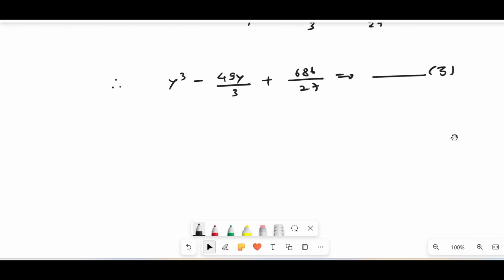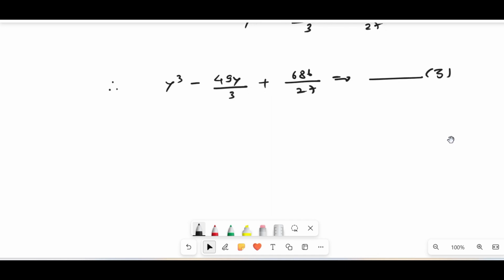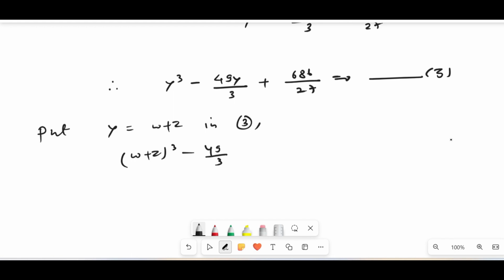So now this equation is in the standard form of a cubic equation. So I can use the Cardan method here. So we need to put y is equal to w plus z in equation 3. Then it will become w plus z to the whole power 3 negative 49 over 3 times w plus z plus 686 over 27 is equal to 0.